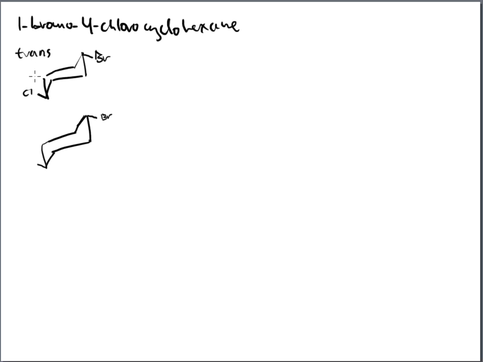How can I make this the cis? On this carbon, this axial bond points down, and that bromo points down. So if I draw that chlorine on that axial bond and not the equatorial bond, then all of a sudden I have the cis form of the molecule. They are pointed in the same direction, both pointed down in that scenario.